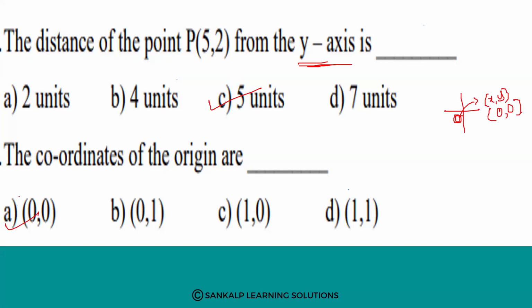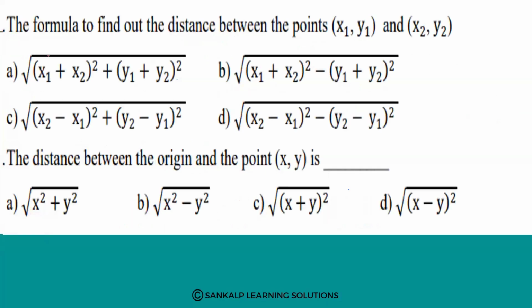Okay. The formula to find out the distance between the points (x1, y1) and (x2, y2). That means here we need to write the distance formula. Which option is right here? Option C, right?